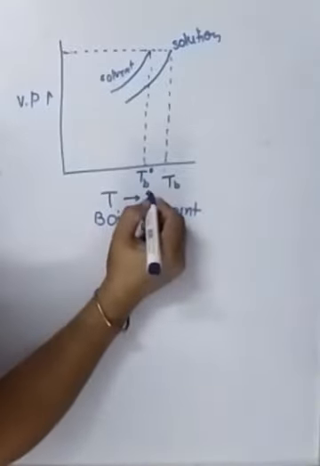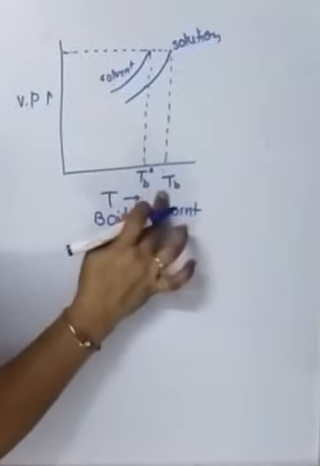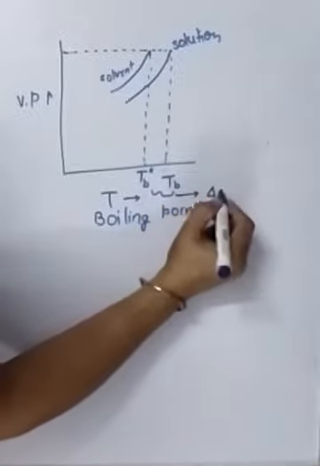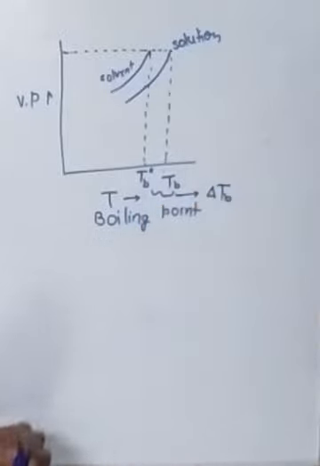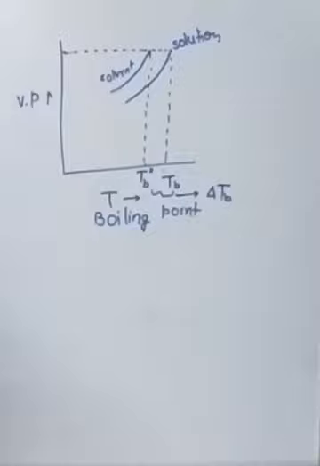This difference is the value of del Tb, that is elevation in boiling point. So this is the graph for the elevation in boiling point.